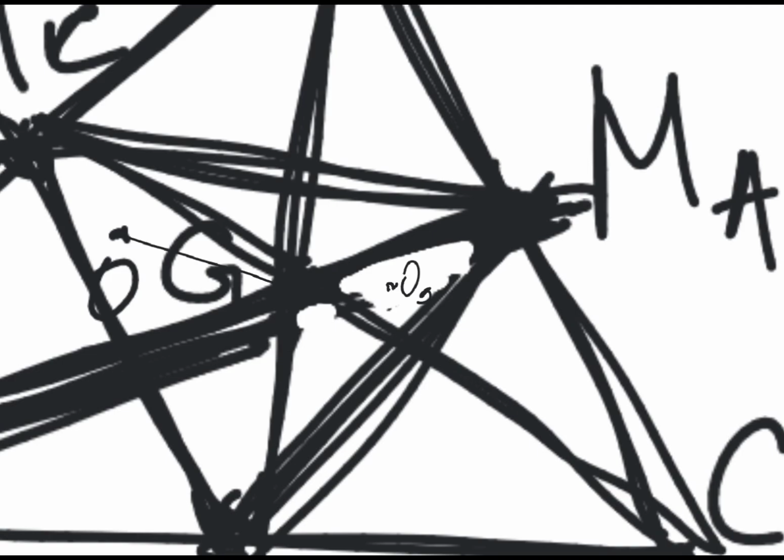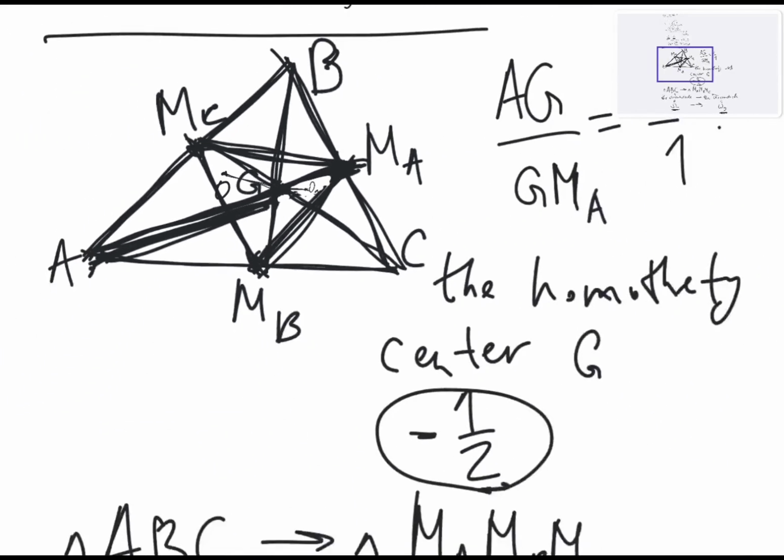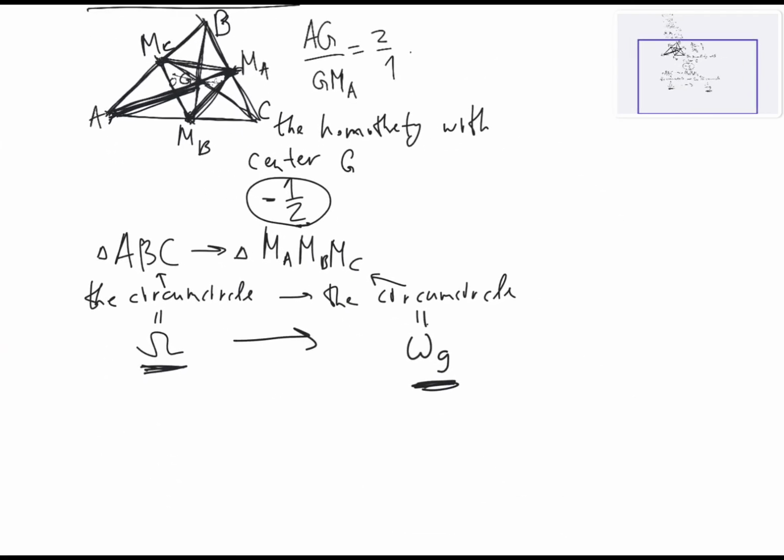So somewhere here there should be this center O9, such that O, G, and O9 lie on the same line, and G divides this segment with the ratio 2:1 because of this homothety. So under this homothety, also the center of the circumcircle O is mapped to the center of the 9-point circle O9.